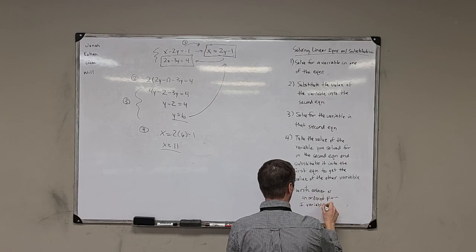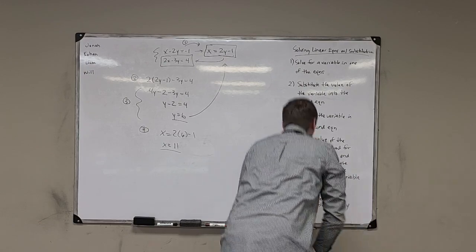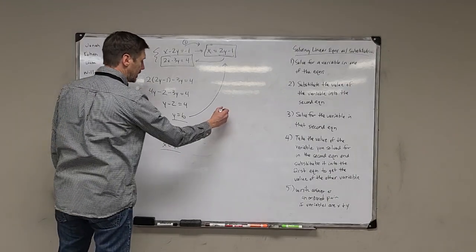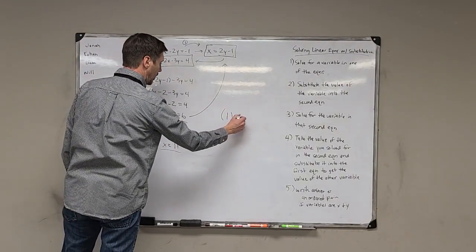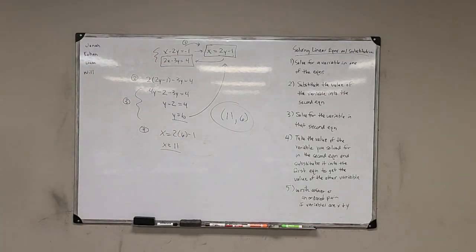Sometimes you'll do problems like this where the variables aren't x and y and the ordered pair doesn't make as much sense. But if they are x and y, often you'll see them written as an ordered pair. So then I'm going to write this, since x is 11 and y is 6, I'm going to write it like that. That's my final answer. Everybody good with that?